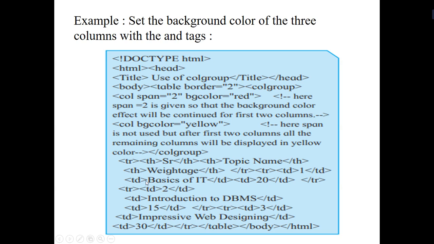Second TD is for topic name, that is basics of IT, and your second TD tag gets closed. Third is for the weightage and it has 20 marks. So our second row gets completed. So the TR tag which is open over here gets closed by using \tr.